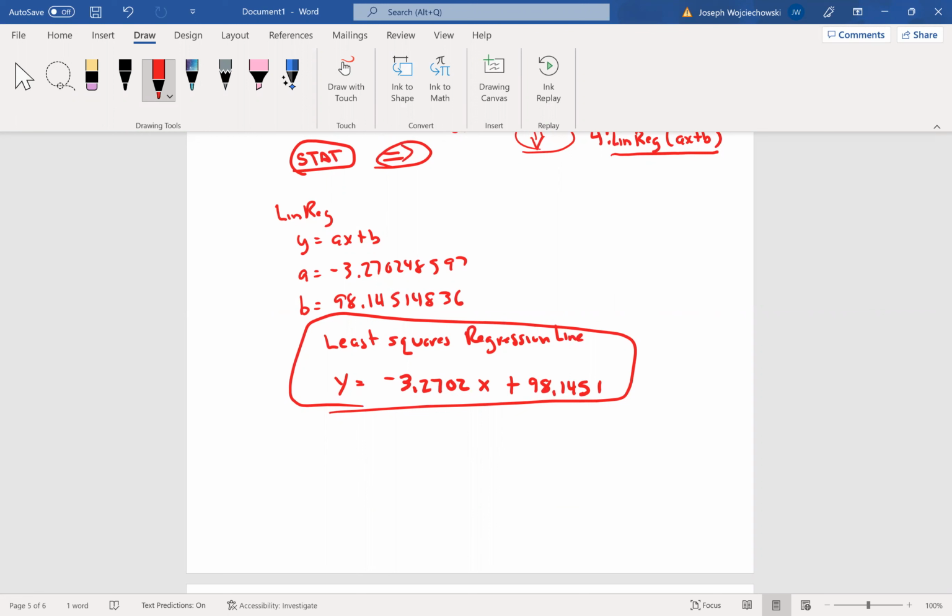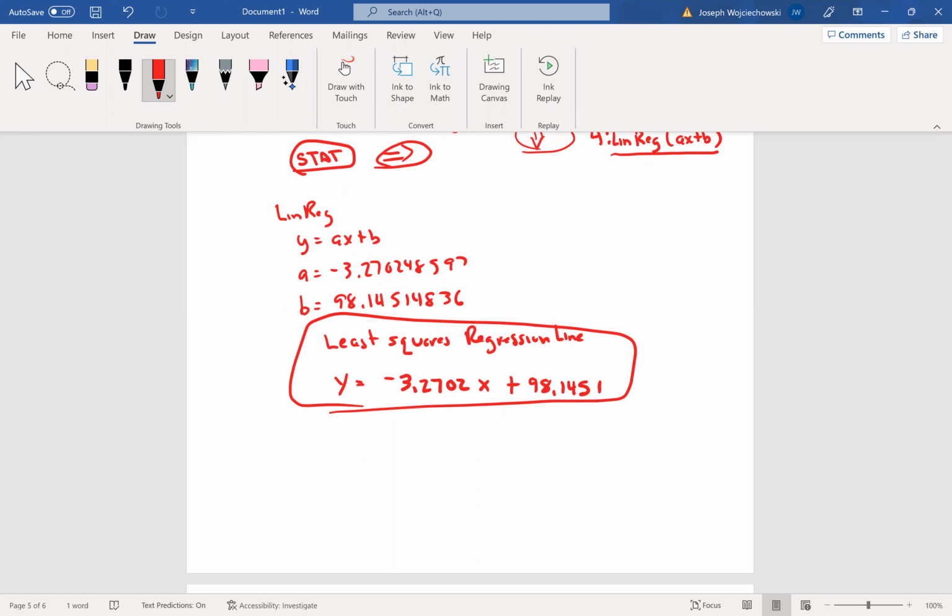So let's look at this a little bit. This is kind of interesting. First thing to note, what we're saying is for every day of absence you have, your grade should be expected to decrease by roughly 3 1/4 points. And here's the other thing that's interesting.